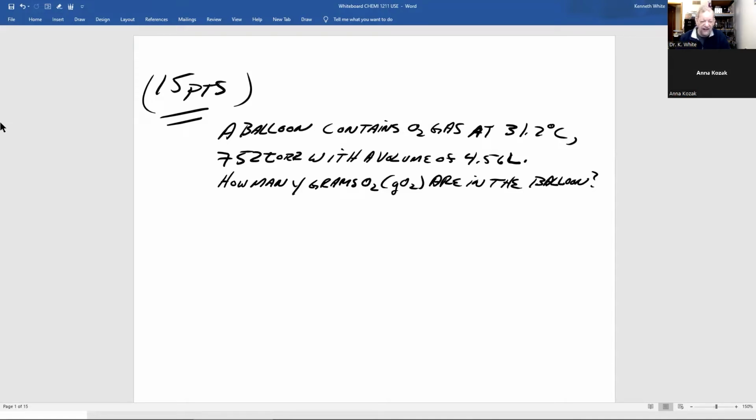And let's take a look at this. What are we being asked to find? How many grams O2? What are we given? Well, we're given the temperature is 31.2 degrees C. We're given the pressure, remember torr, millimeters of mercury, atmosphere are units of pressure.